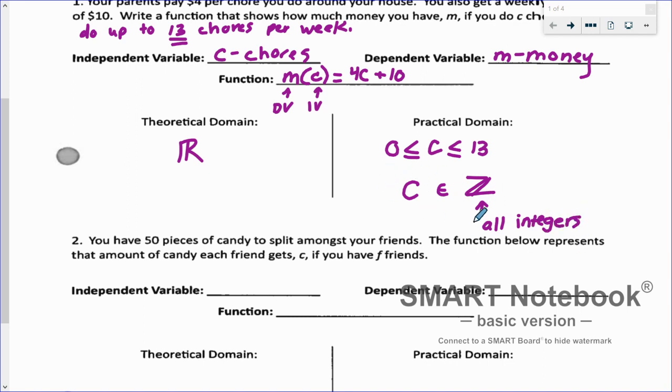So this literally says C is only an integer. This symbol basically means is in math, is part of. This little piece right here is just kind of bonus information. This is what I'm looking for. The least amount of chores you can do is 0. The most is 13. If you think to add this in to show that you can only have 0, 1, 2, 3, 4, that would be great.